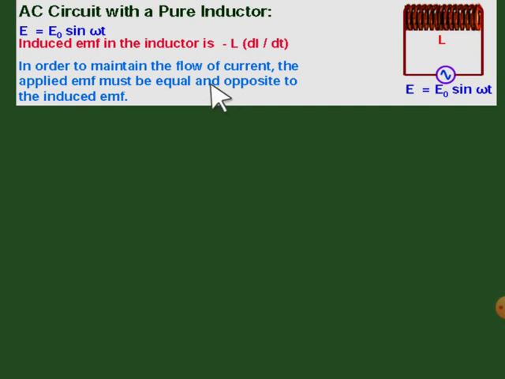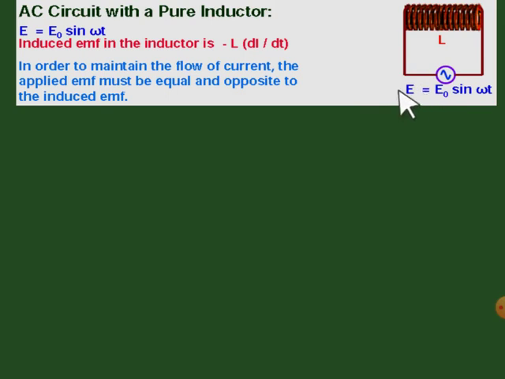So in order to maintain the flow of current through this inductor, the applied AC EMF must be equal and opposite to the induced EMF.